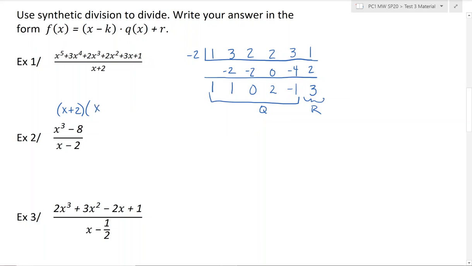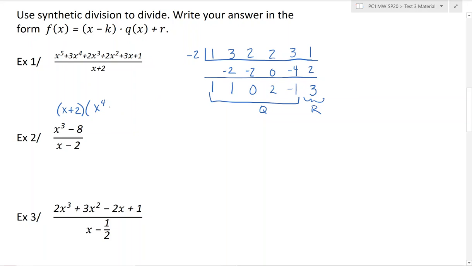But also, if you think about this, we're taking a 5th degree polynomial and dividing it by a 1st degree polynomial. It makes sense that we should have an x to the 4th polynomial as the quotient. So either way, that helps you to remember that. You've got a couple of ways there.